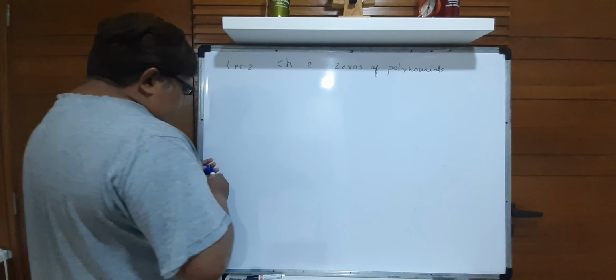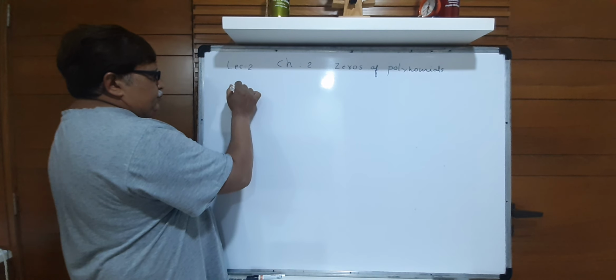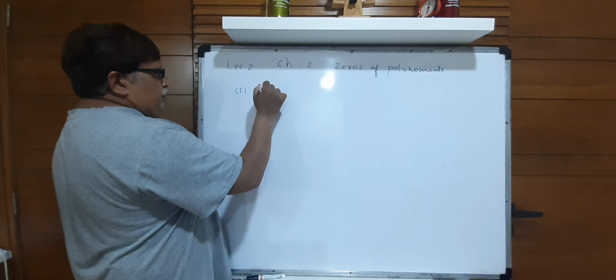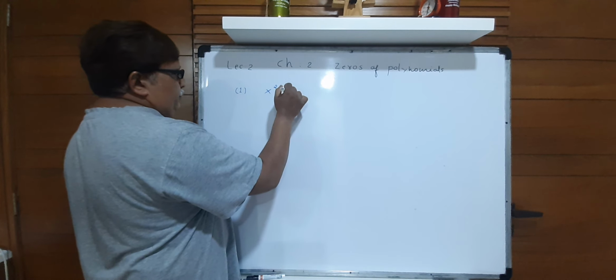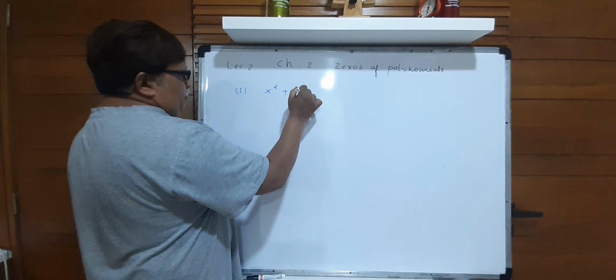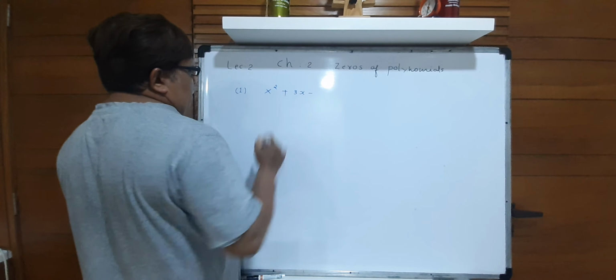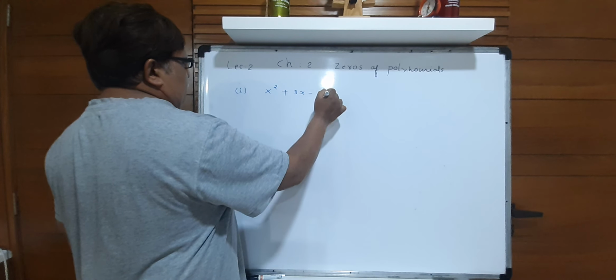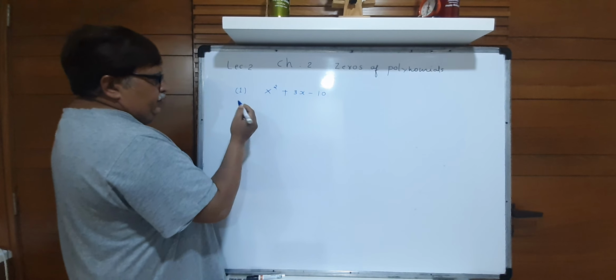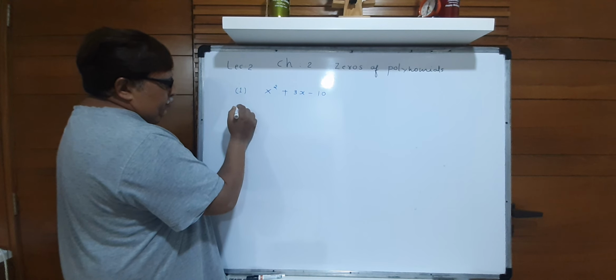Okay, suppose first example, if you take, if you are given such polynomial x square plus 3x minus suppose 10. How to find the zeros of such polynomial?